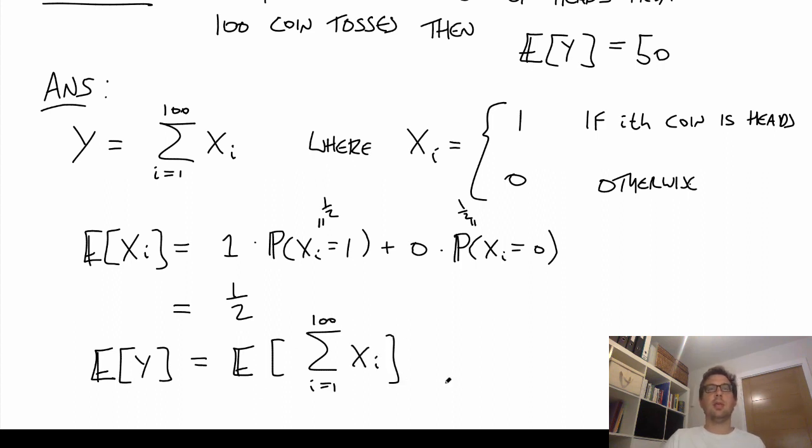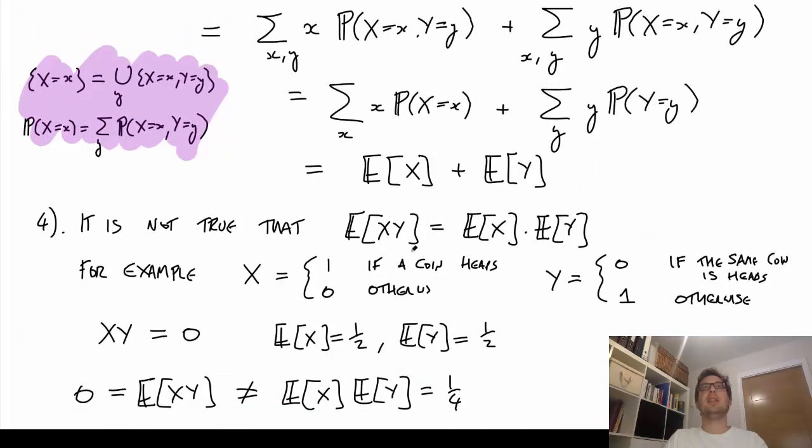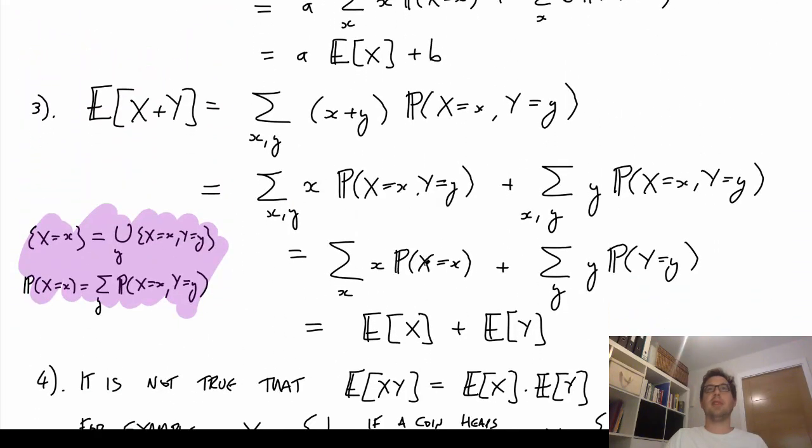Okay, and one thing we know we can do is if we sum up random variables, it's the same as if we summed up the expectations. Okay, so notice, although we stated this just for 2 random variables here, we could have quite easily done it for 3 or 4 and we still would have got the same result.